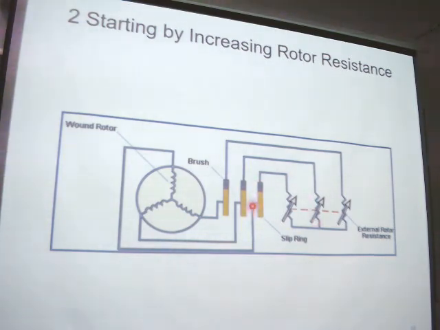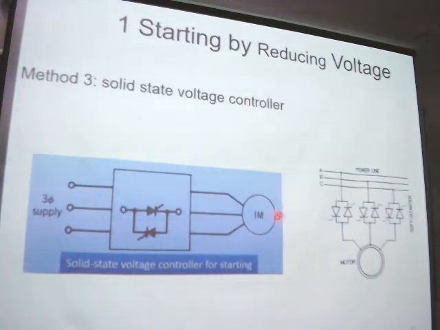But if it is a squirrel cage motor, we can't access the rotor circuit, so we can't add resistance to the rotor. So how to start it if we don't use reducing voltage?